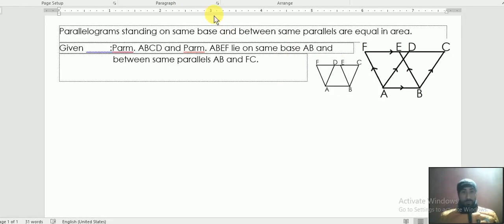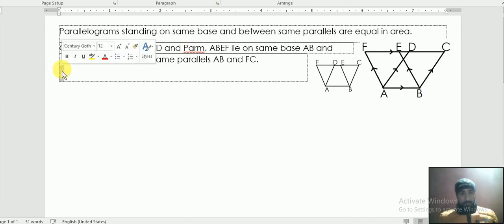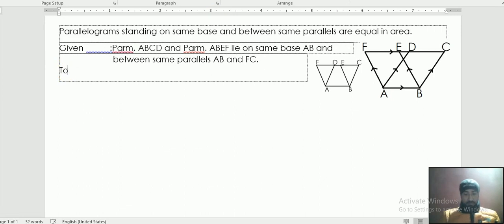Now, to prove: here we need to prove that the areas of the parallelograms are equal.